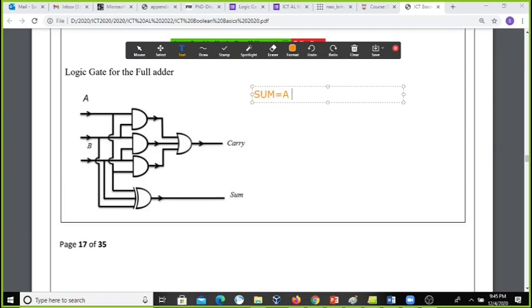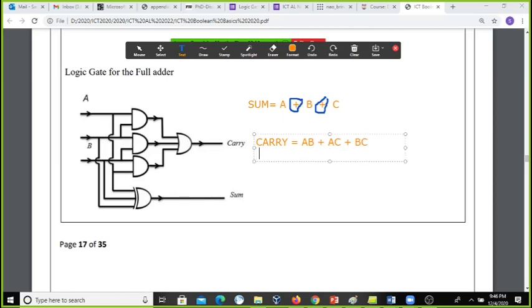Sum is equal to A exclusive B exclusive C. So you have to remember sum is given by A exclusive B exclusive C, and the carry is given by AB plus AC plus BC.